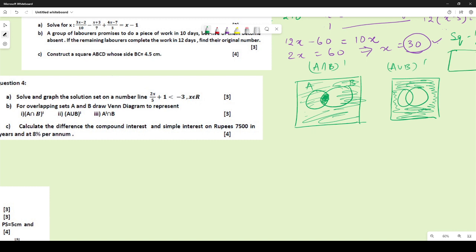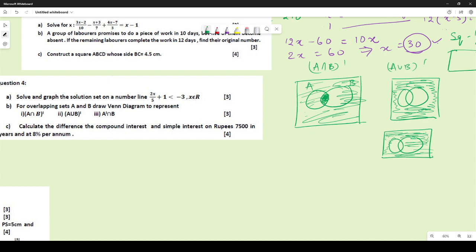Okay. Now A complement intersection B complement. So when you look at this over here, this is A, this is B. Now what is A complement? A complement will be everything that is over here, this part. Okay, let me show it in green color. This part, everything over here, will be A complement. Right, now you have to intersect B complement.